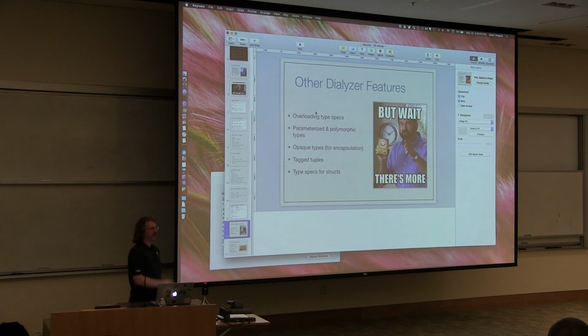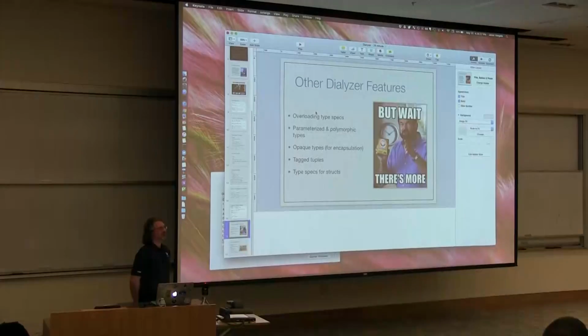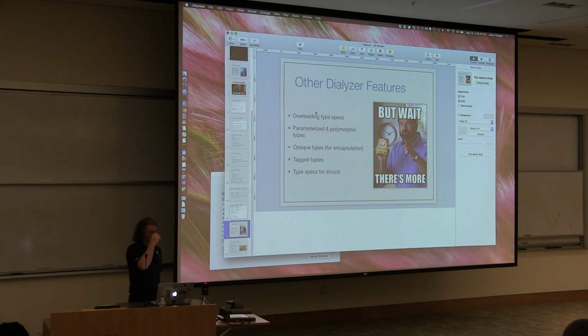Okay. If you didn't provide any of those type annotations, how useful is just the inference on its own? It's decent. It's a good starting point, right? If you inherit a code base, or heaven forbid you produce a code base that doesn't have any type annotations on it, running the Dialyzer tool is a good place to start.